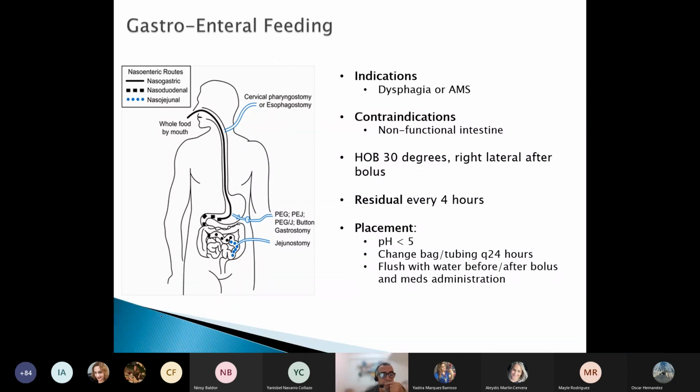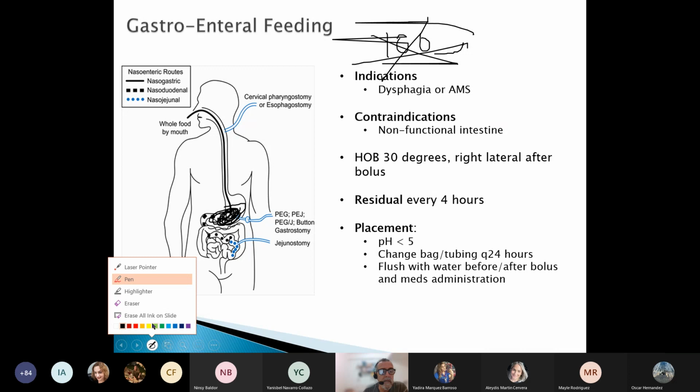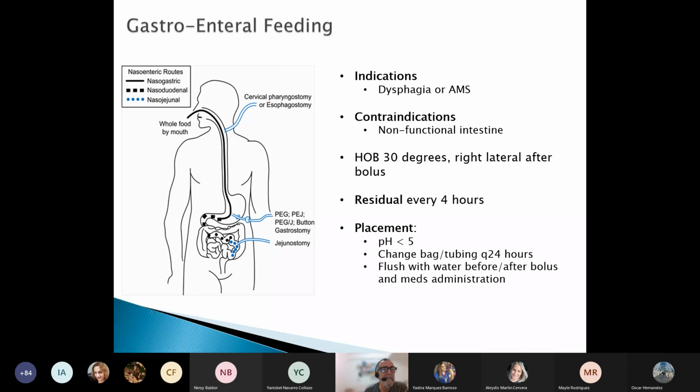Don't worry about the volume of residual. It is not tested anymore because in the past, when I studied nursing, they said it cannot be more than 100 milliliters. Now those concepts have changed. Each client has a different normal residual that needs to be determined by the physician.